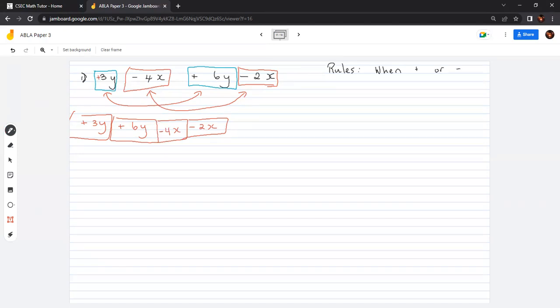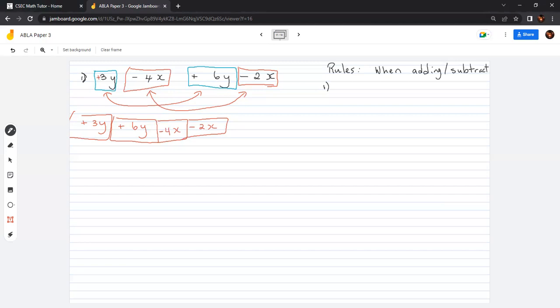When adding or subtracting, we have two rules.